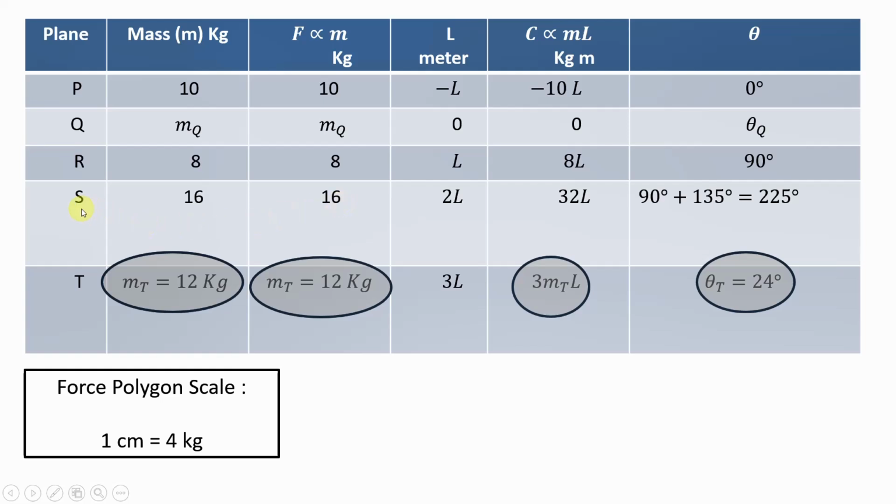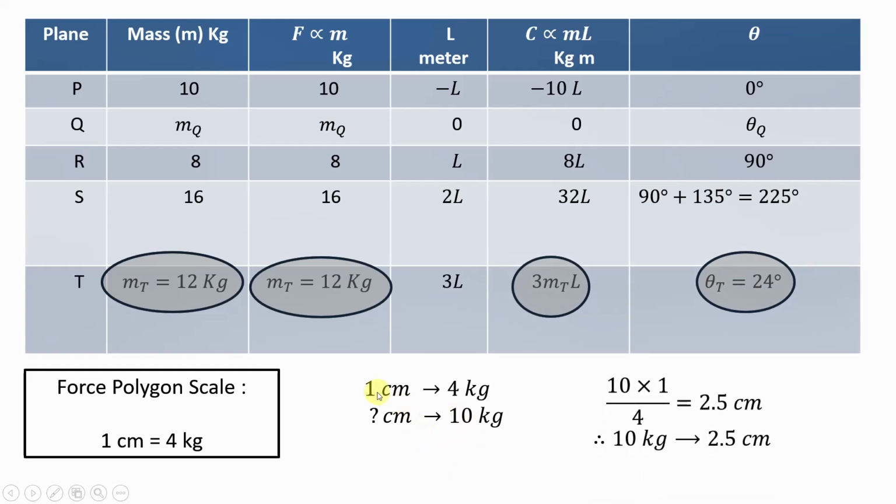Mass which is mounted in plane S. Now mass in plane T is having mass of 12 kg. So again we can take 1 centimeter is equal to 4 kg, because 4 is the multiple of this 8, 16, 10. You can easily get the values over here. So 1 centimeter is equal to 4 kg, then 10 kg will represent how many centimeters. So cross multiply this.